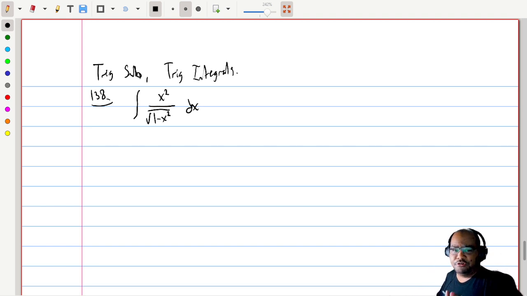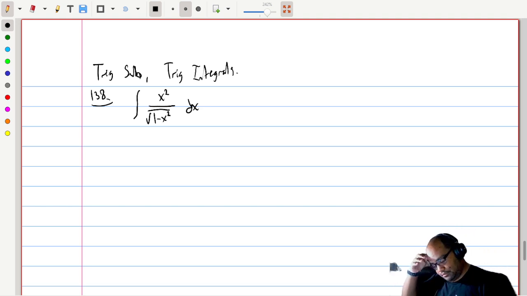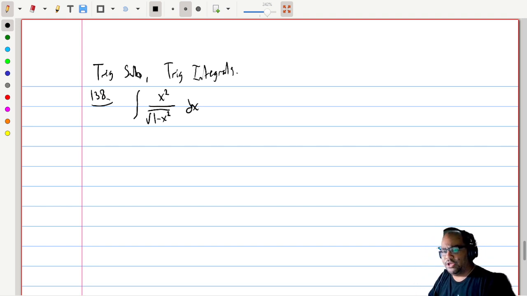I won't go into them here, but I encourage you to watch that video. Okay. So I see a difference of squares in the square root in the denominator, and the square root doesn't necessarily matter. I'm just looking for sums and differences of squares.